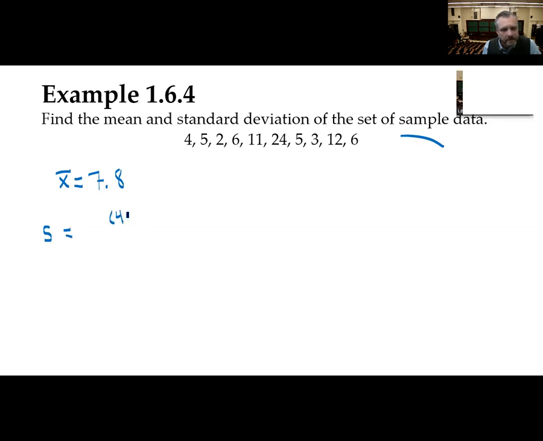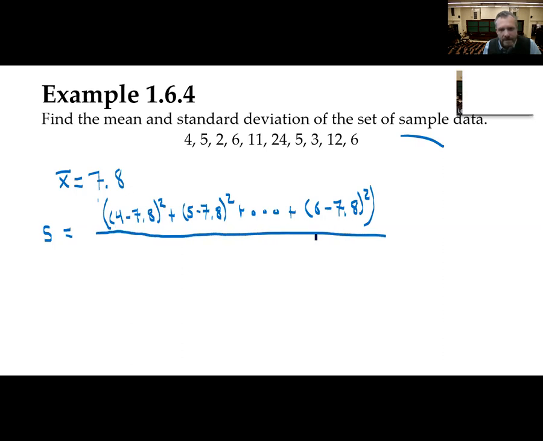So what I need to do is take 4 minus 7.8 squared plus 5 minus 7.8 squared all the way down to my very last value, 6 minus 7.8 squared. And then with all these, I want to add them, which I'm doing, right?